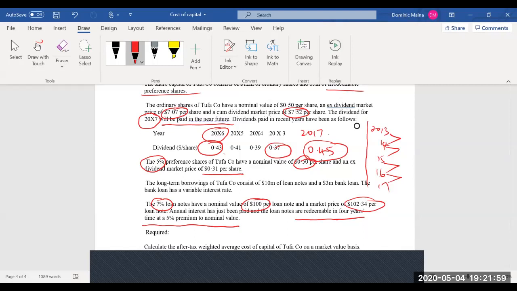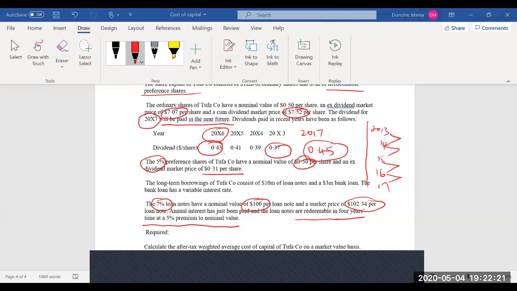Even though it is paid based on a percent, just like a loan, it is a dividend, so don't tax the preferred dividend. Okay, Michelle, thank you. I hope I answered all your questions.